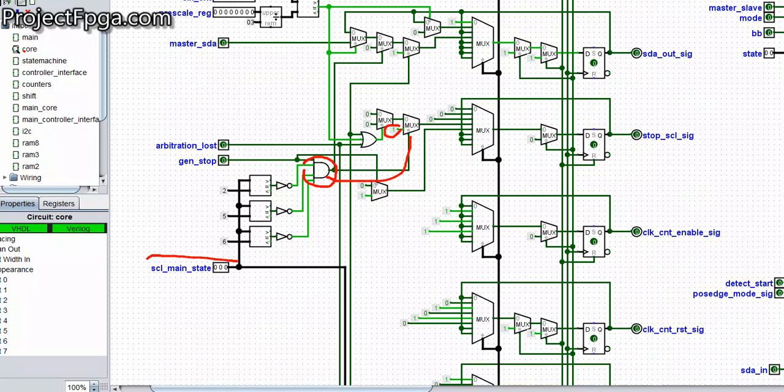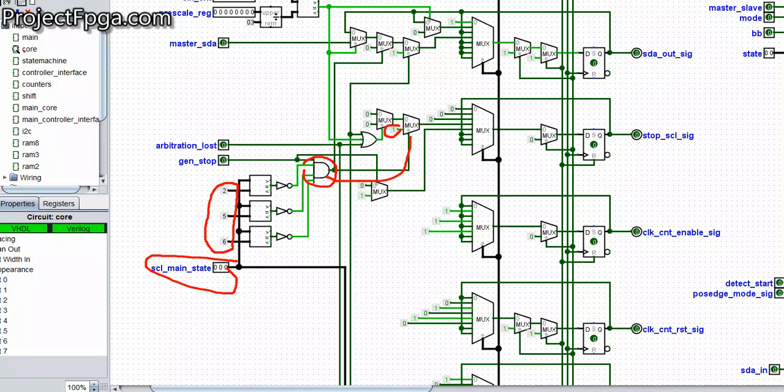That is the SCL main state, no longer the SCL state. It must not be 2, 5 or 6. 2, 5 or 6 are non-transmission states. These states are when it sends the acknowledgement. At this state, it is expected to send acknowledgement at 2, 5 and 6.